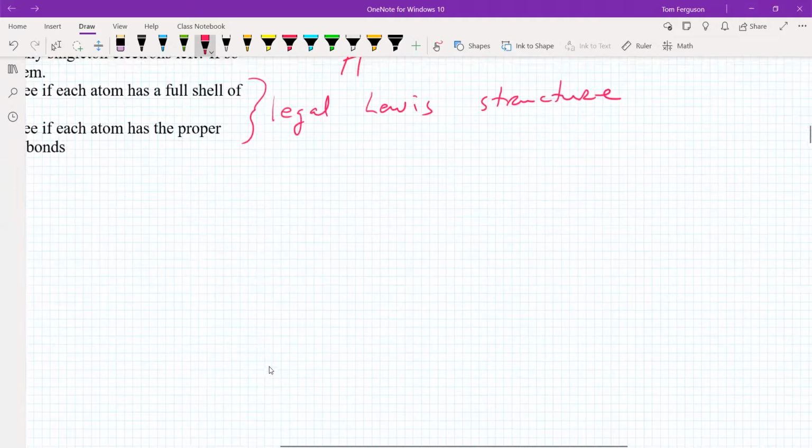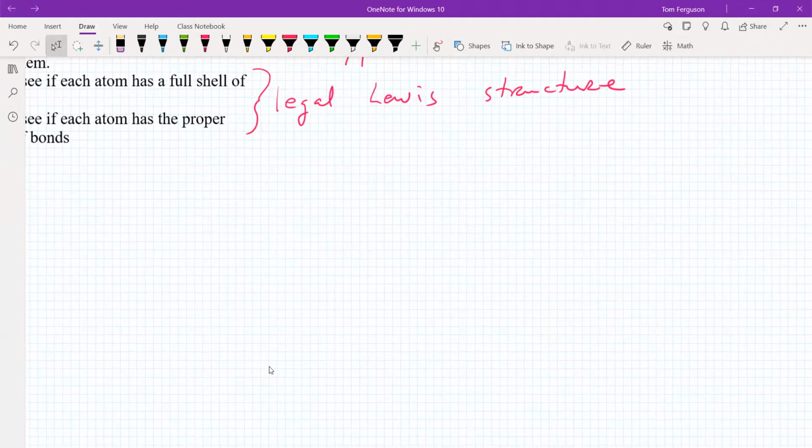It always starts with a formula. So let's look at something called formic acid. Formic acid is what a red ant injects into you when it bites you.